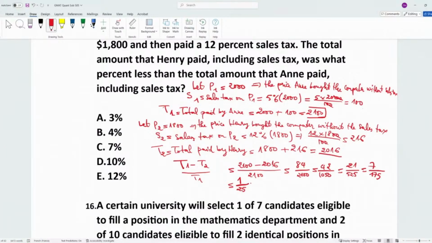So one thing we can do, 1 over 25 is actually equal to 4 over 100. So 4 over 100 is equal to 4%. Yeah, so the answer is 4%. So that's how you determine that.